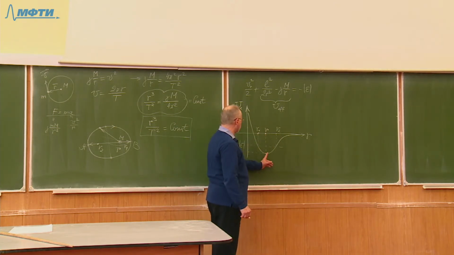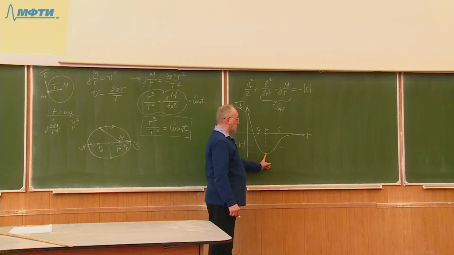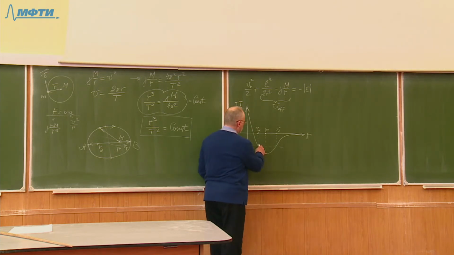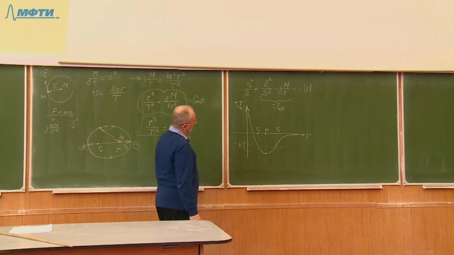On this function, the planet is here at the minimum of effective potential. So if the planet is moving between this point and this point here, then it goes between the larger and smaller radii. But if the orbital radius is constant, then the planet is necessarily here at the minimum point of effective potential.